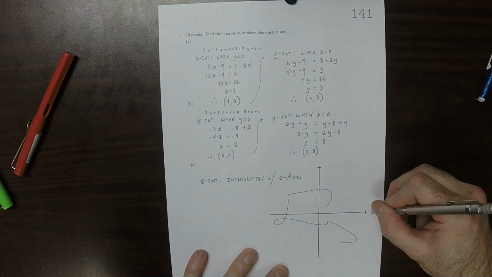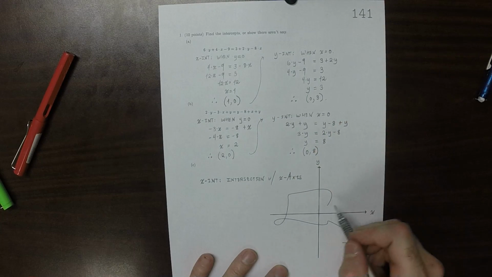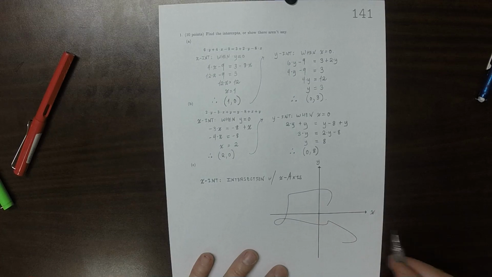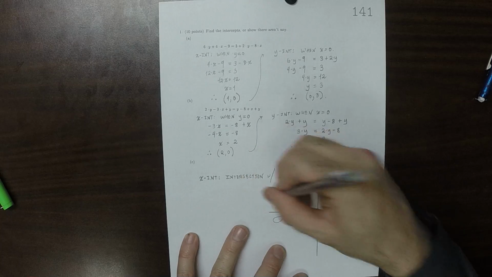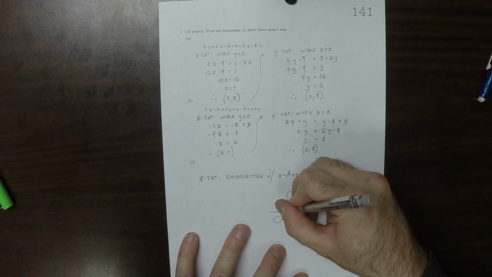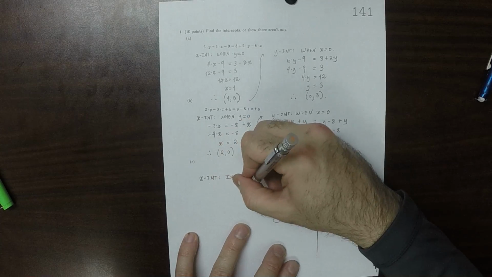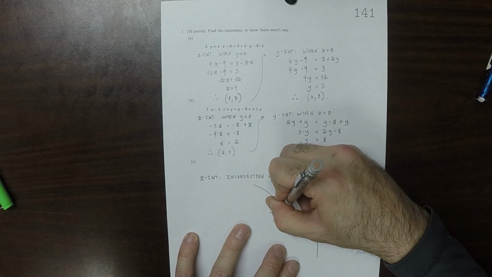So the horizontal one being x and the vertical one being y. Does the graph touch the x-axis anywhere? Sure it does. Here's one of them. I guess the only one. Right there. So that's an x-intercept.